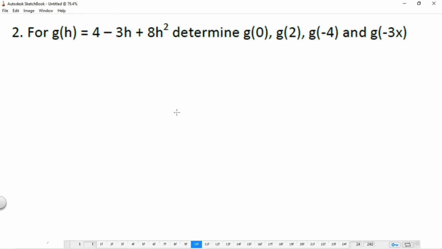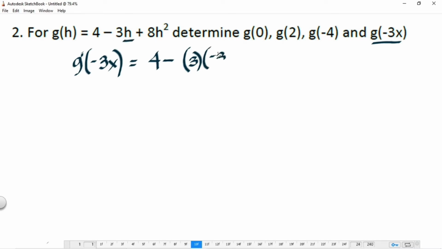Let's try to solve g of negative 3x. g of negative 3x is equal to 4 minus 3, and this h will become negative 3x, plus 8.